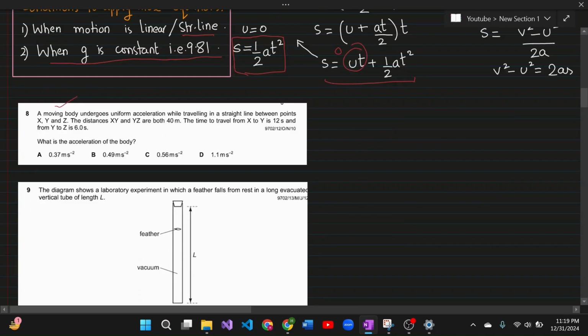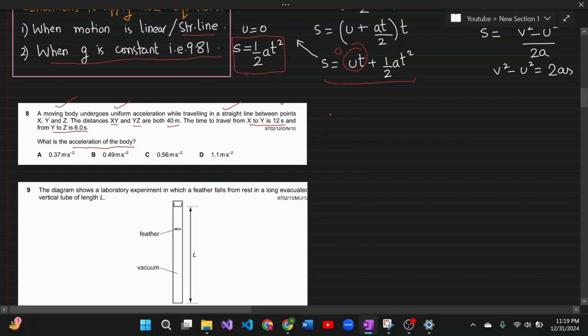A moving body undergoes uniform acceleration while traveling in a straight line from X to Z. The distances XY and YZ are both 40 meters. The time taken from X to Y is 12 seconds and from Y to Z is 6 seconds. What is the acceleration of the body? It is uniform acceleration in a straight line, which means we can apply the equations of motion.